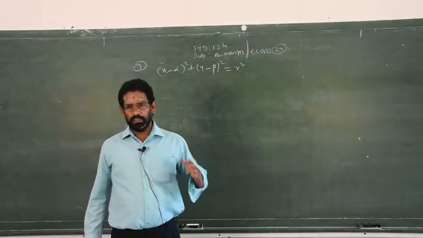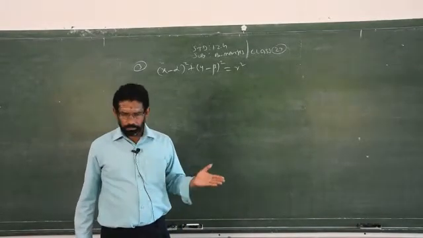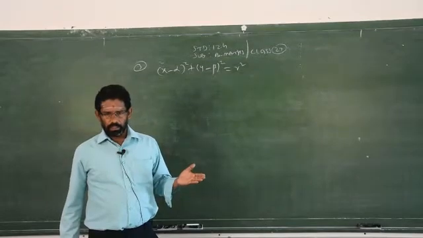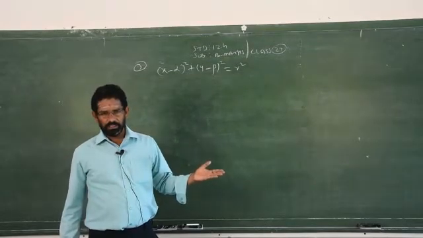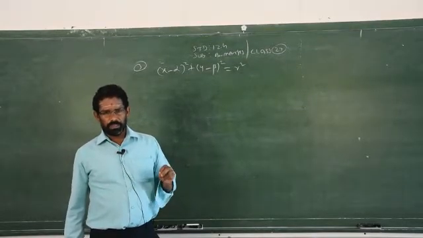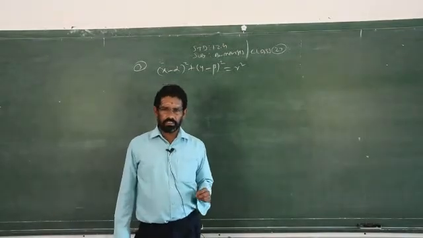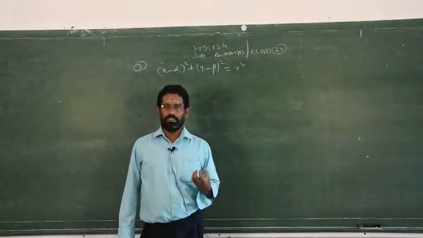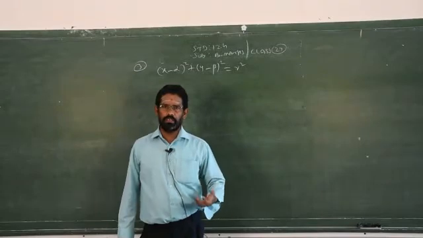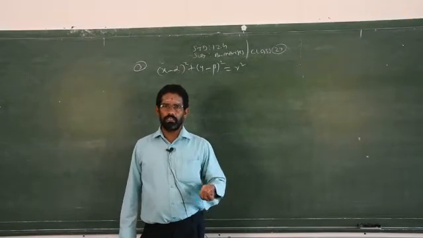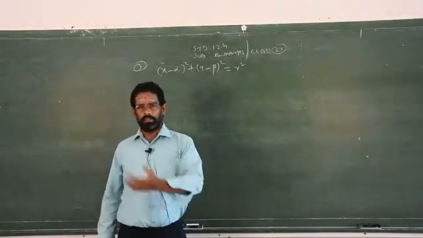We studied in the previous chapter, in the 11th standard, that the circle (x minus h) the whole square plus (y minus k) the whole square is equal to a square is the equation of the circle which has its center at some point h comma k.